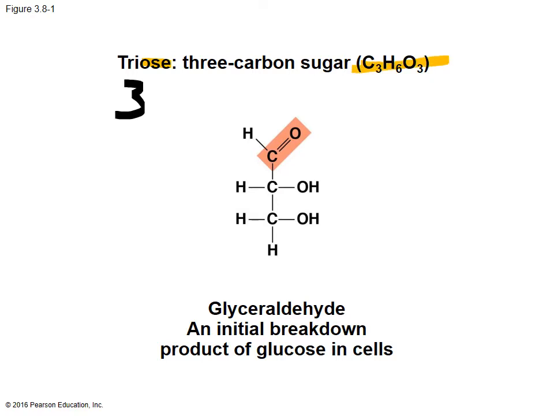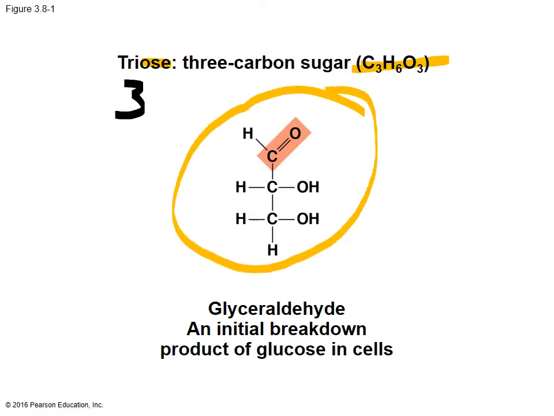The structural formula looks like this here. Notice where the carbonyl group is, right there. And that's really it. So the name of this particular monosaccharide is glyceraldehyde. So when we talked about the carbonyl groups, I mentioned ketones and I mentioned aldehydes.